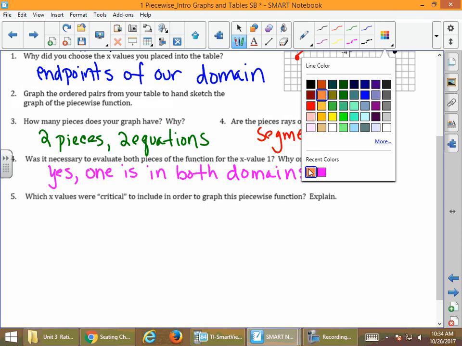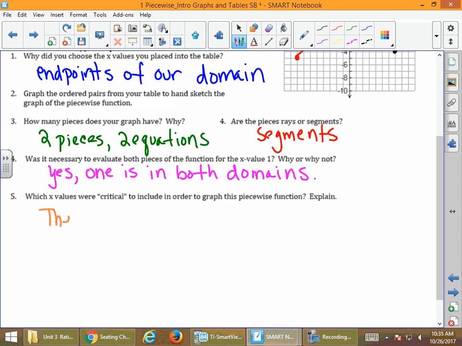And last question on this one. Which x values were critical to include in order to graph the piecewise function? Well, the values in the domain. I don't know how to say it different.